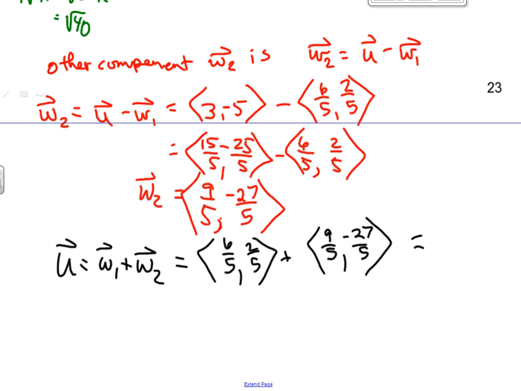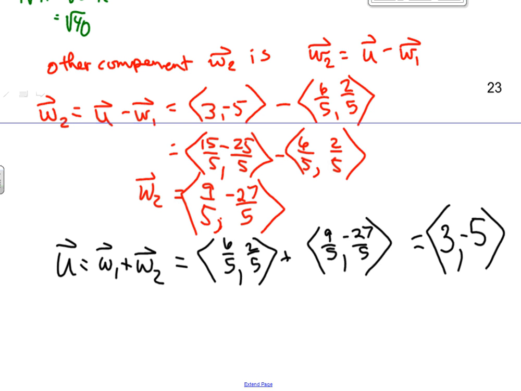What's 9 plus 6? 15/5, which is 3. And what's 2/5 minus 27/5? -25/5, which is -5. And what did I just do? I'm just checking my work, to make sure that it all works out.